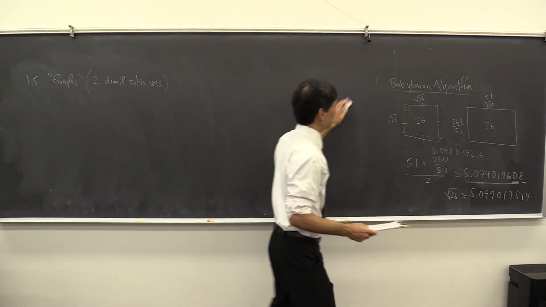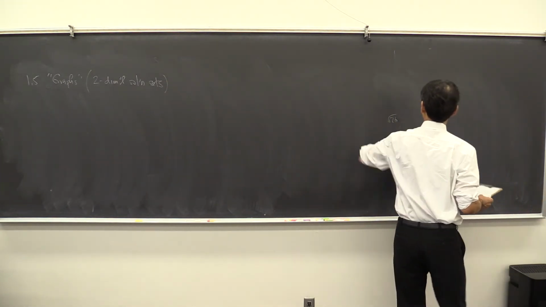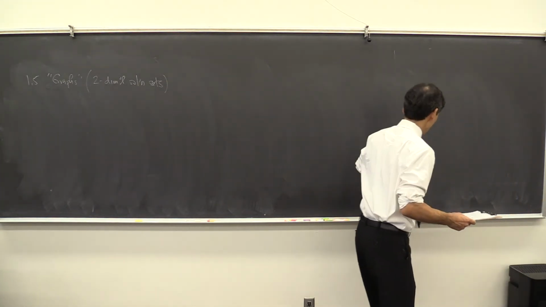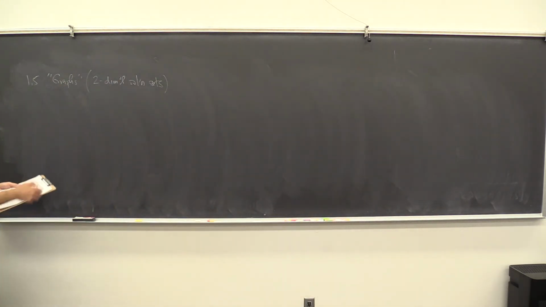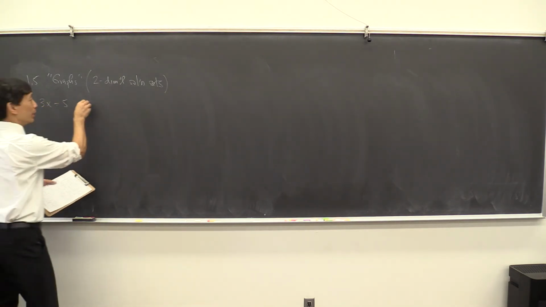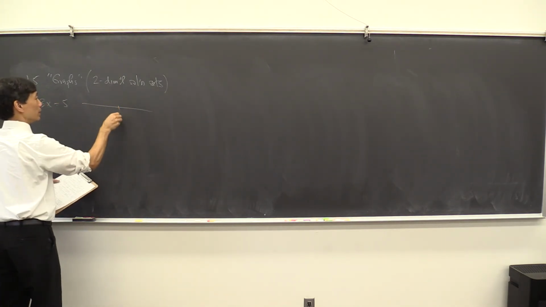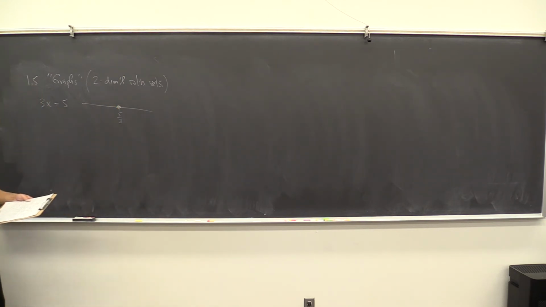Right, so we were in 1 dimension, and we had things like one-dimensional solution sets. You had something like 3x equals 5, and then on your number line you had some point, 5/3. You said this point was a solution set.